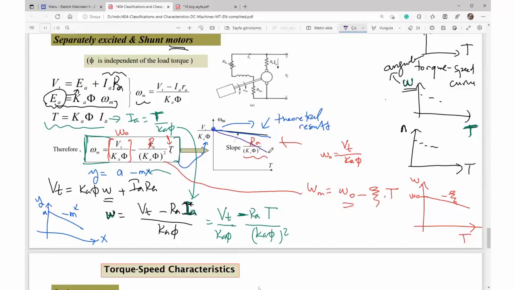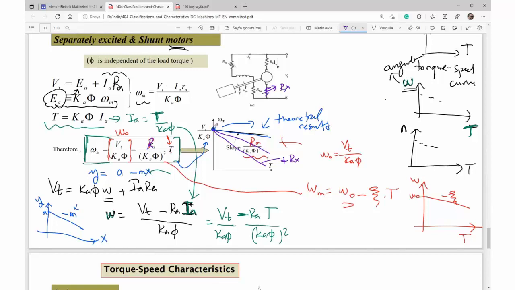Slope will be different. Let me add another extra rheostat here. When you increase rheostat, slope gets larger. With Rx, you see the effect of resistance. Resistance causes a change in slope.